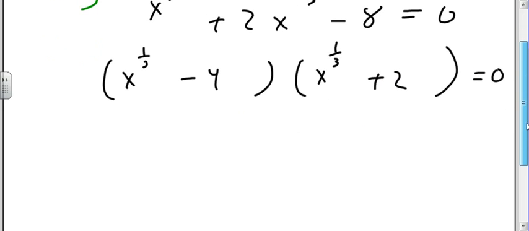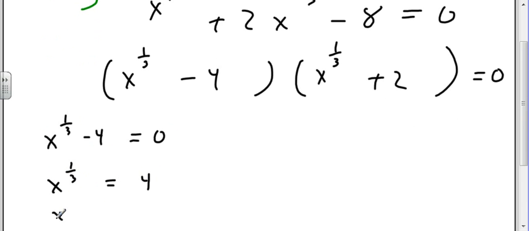Okay, so that being the case, x to the 1/3 minus 4 can be 0. So x to the 1/3 can equal 4. So x is going to be the cube root of 4.